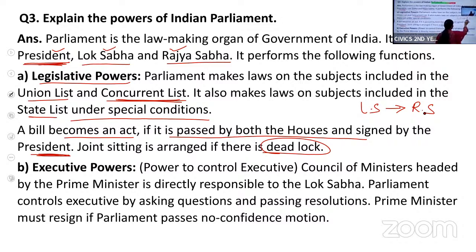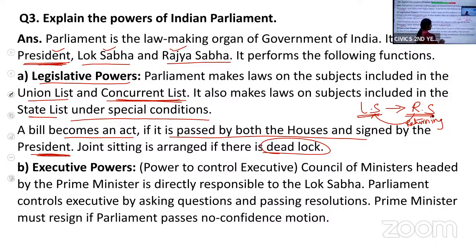But Rajya Sabha is returning the bill to Lok Sabha for making some changes in it. But Lok Sabha does not want to make any changes in it. So Rajya Sabha says, unless you make the changes, we will not approve this bill. The bill either has to be approved or rejected.